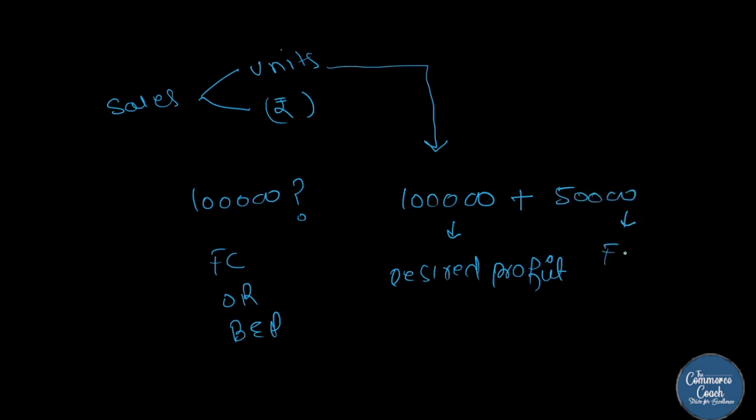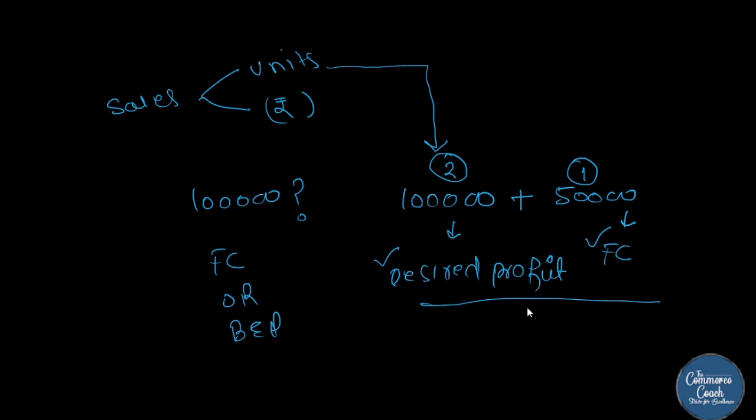But we also want to recover our fixed cost. Let's suppose 50,000 fixed cost. As I told you, only after fixed cost will you be earning profit. So your first priority is to recover fixed cost, then you will be earning profits. Got the logic? Divided by contribution per unit.